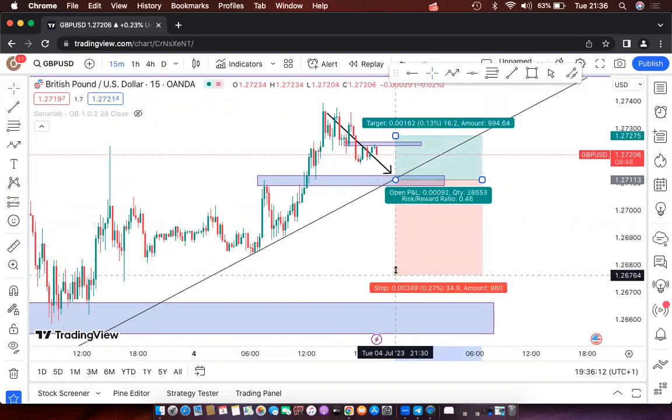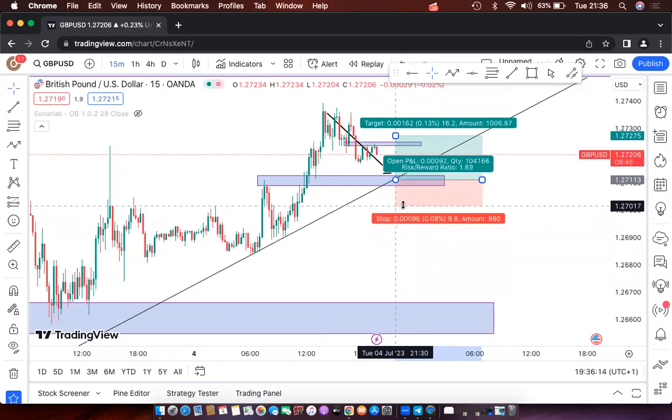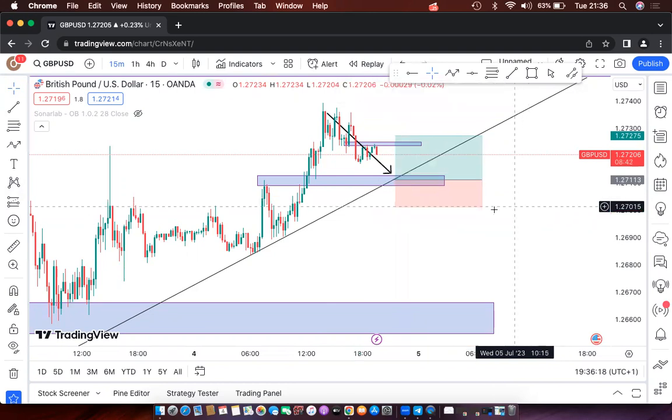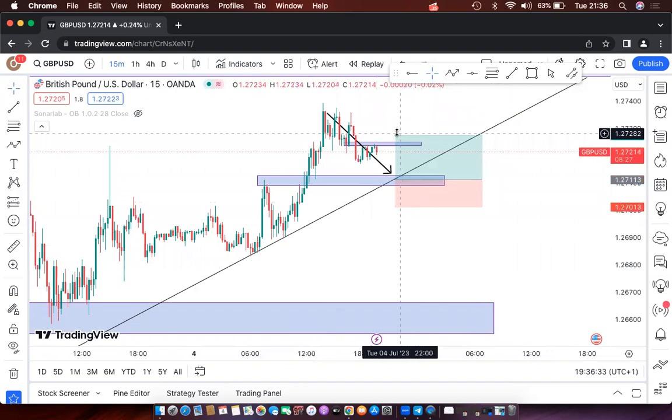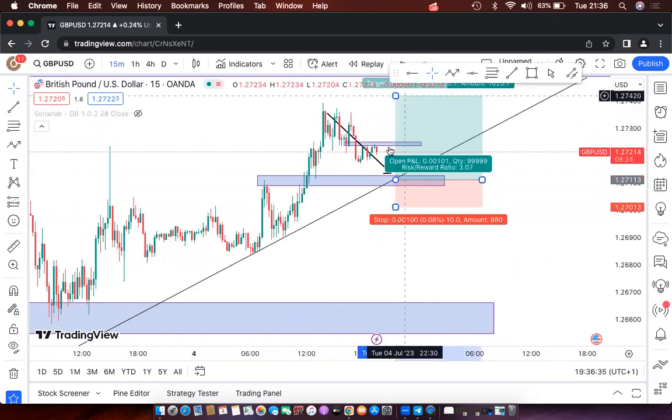So there you come and pull up your tool. Putting 20 pips is too far for this trade. So you just put it below your trend line. Around this is like 10 pips. Now, something for you guys. On the phone, it may look like you've put your stop loss too far, yet you've actually just put your stop loss 10 pips. So you're supposed to see TradingView and set your stop loss and say the stop loss is this many pips, because the phone will show you something else because of the expansions.